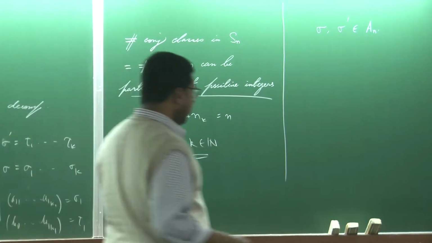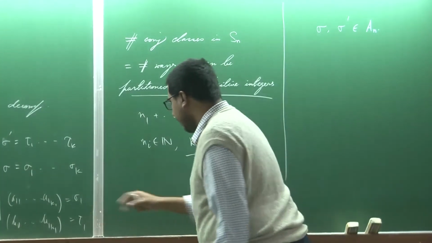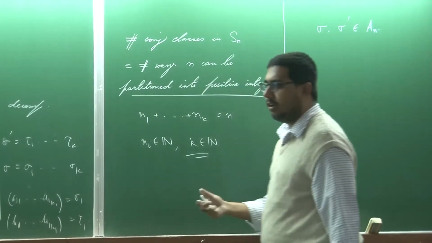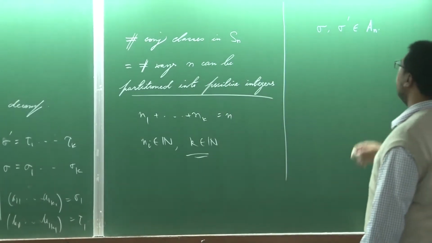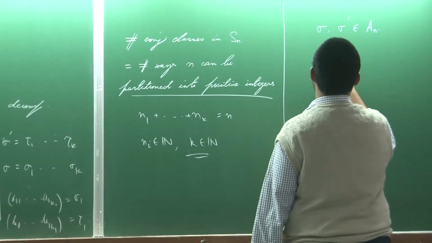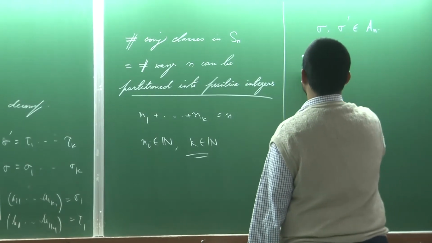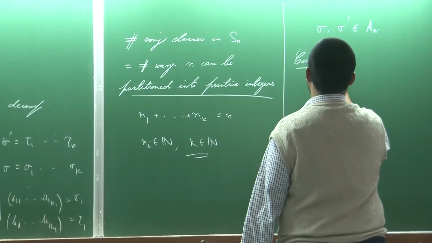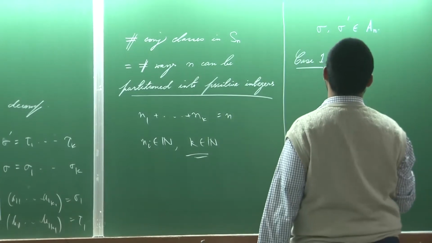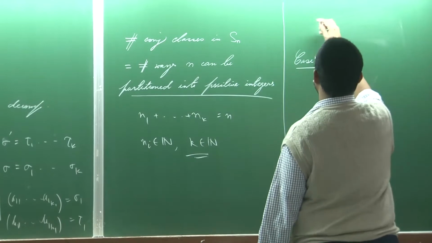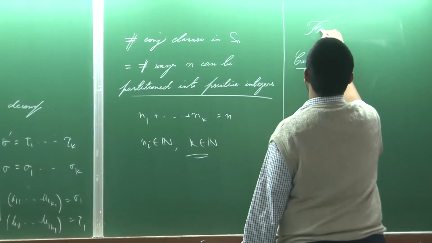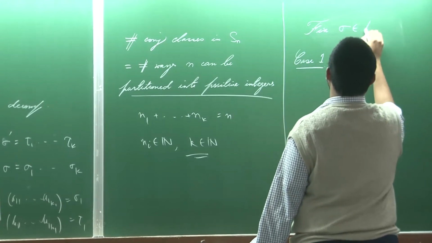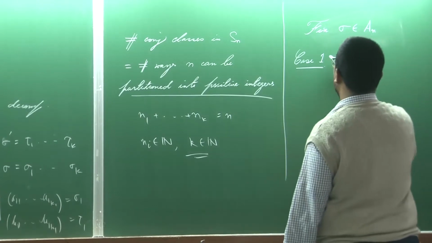However, the question is, if they have the same cycle type, whether they are conjugate inside An or not. So we consider two cases. We first fix some sigma whose conjugacy class inside An I am going to talk about.